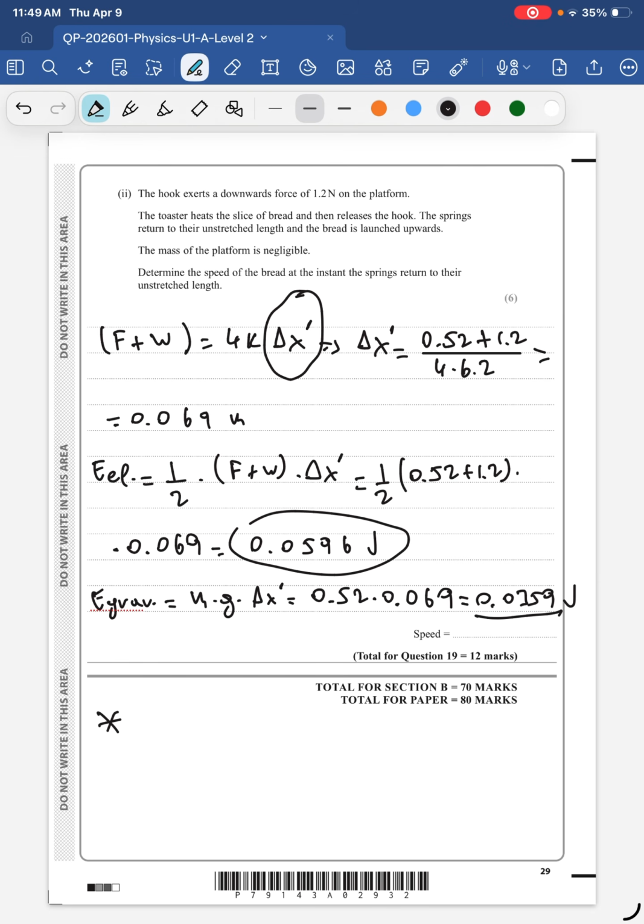Okay, again, to make sense of the energy, we need to first find by how much the springs will stretch when we apply a force of 1.2 newtons plus the weight of the bread. So we found the stretching. Now, due to that stretching, we can find how much energy is stored in the springs by using 1/2 the force used, which is the force plus the weight, times that extension. So we find the total elastic strain energy.